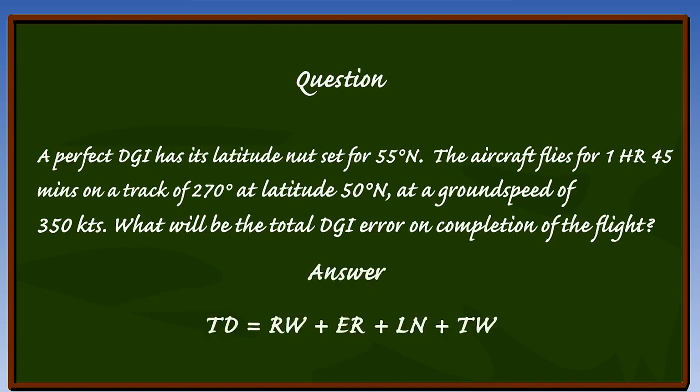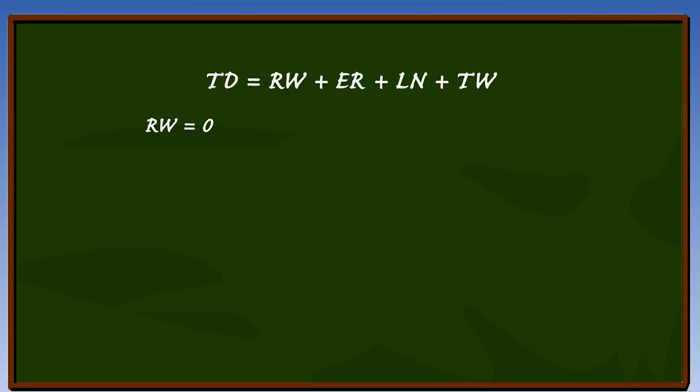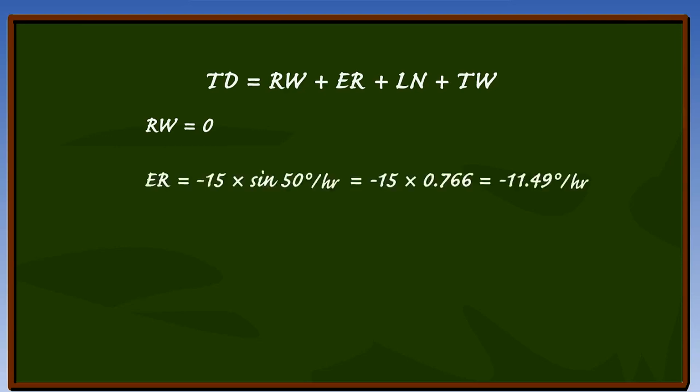Total drift equals RW plus R plus LN plus TW. The question tells us that this is a perfect gyro, which means there is no real wander to consider. Mathematically, therefore, real wander is 0. The earth rate error is 15 times sine 50 degrees per hour, and it's in the northern hemisphere, so the sign is minus.